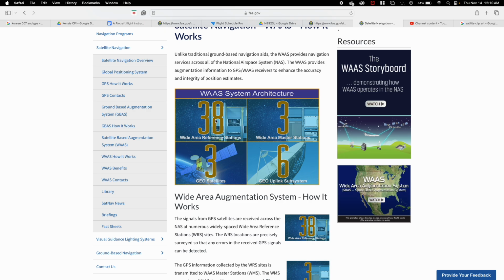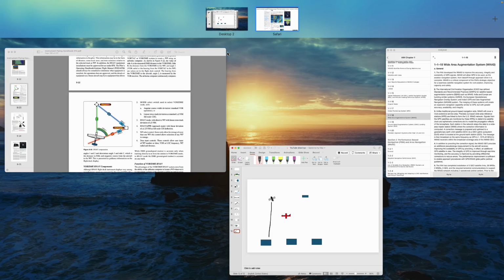The reference station's job is to receive information and send that information to a master station. The master station does all the correction for timing errors and then sends the corrected data to an uplink station. From the uplink station, it goes to a geostationary satellite, and from there it goes to your plane.